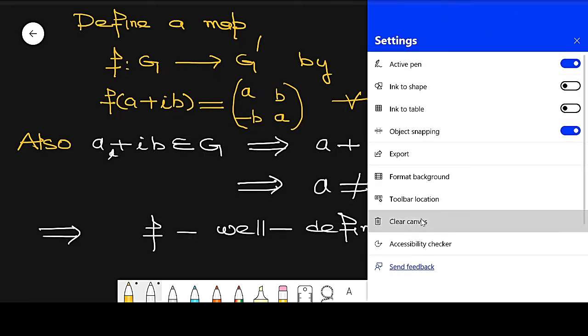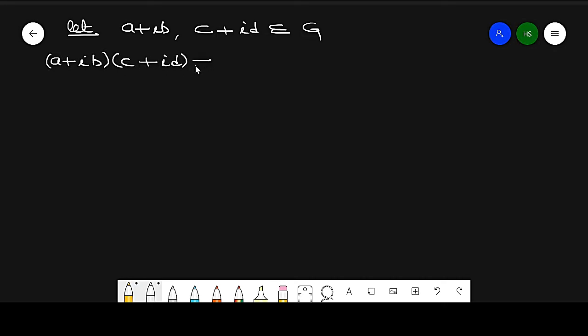So first I take two elements, let A plus iota B, C plus iota D belong to G. Because they are groups under multiplication, the product of A plus iota B and C plus iota D can be simplified as AC minus BD plus iota (AD plus BC).